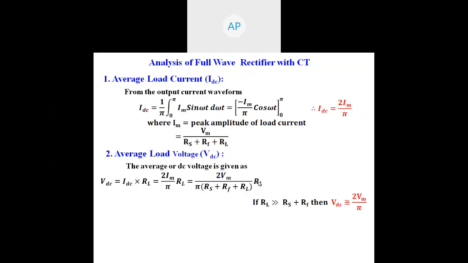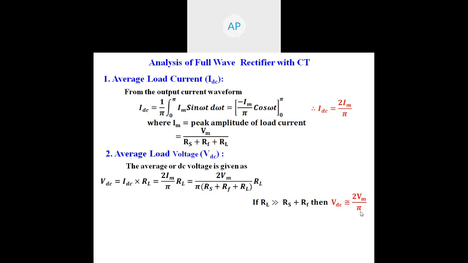So this approximate RL will be cancelled with RL, and finally we will have VDC approximately equal to 2 Vm divided by pi. IDC is 2 Im divided by pi. This is for the full wave rectifier.